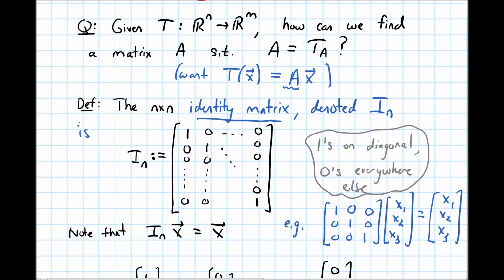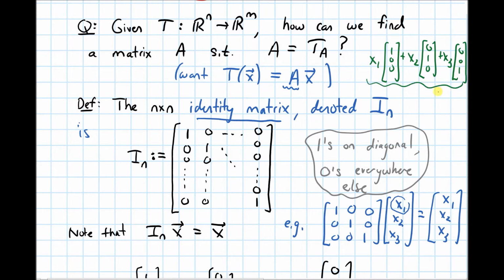You could do this by taking the first entry as the weight of the first column: x1 times the first column, then x2 times the second column, 0, 1, 0, and then x3 times the third column, which is 0, 0, 1. That's one way to check why this is going to be x1, x2, x3. We could also multiply these using the row vector rule.